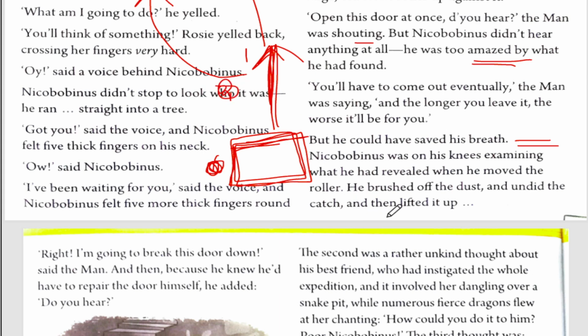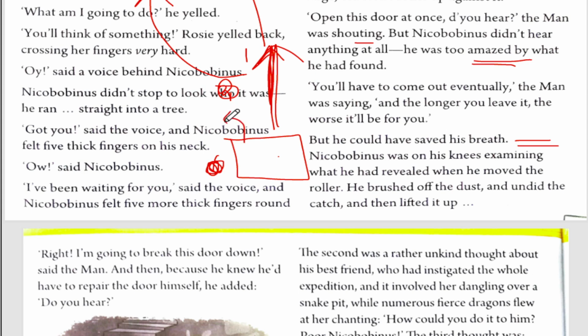Now he brushed off the dust and undid the catch and then lifted it up. So this hidden door was covered with dust. So he cleaned all the dust. After cleaning the dust, what is he doing? This door was locked here.